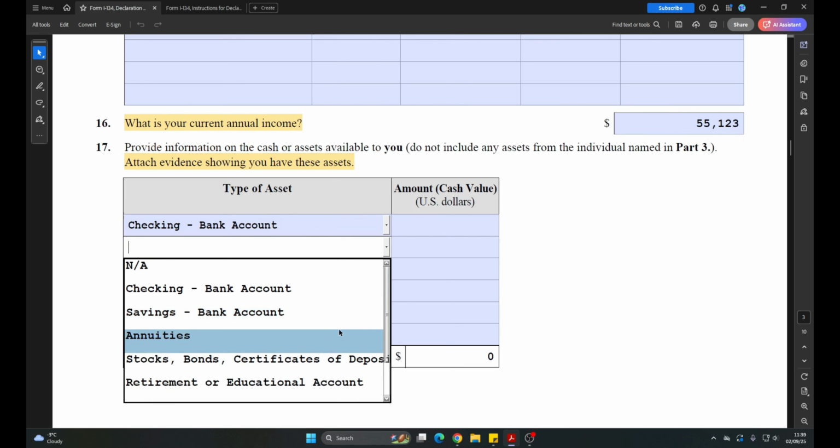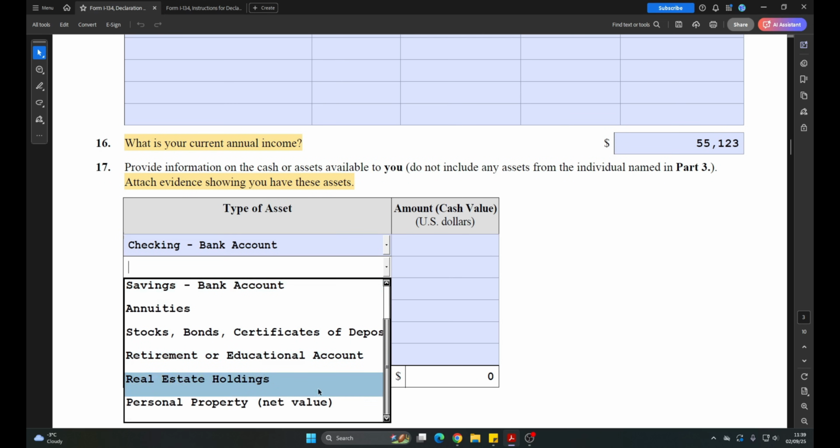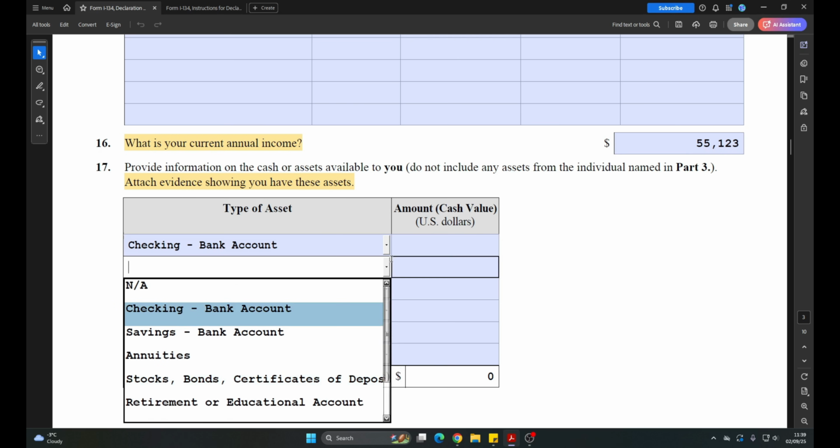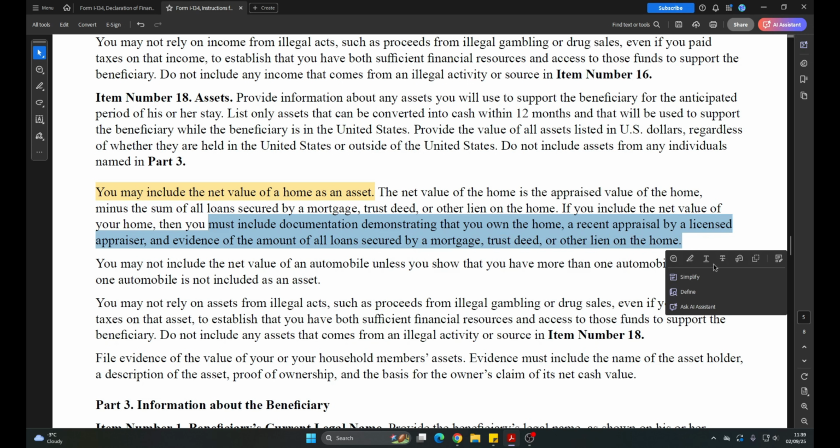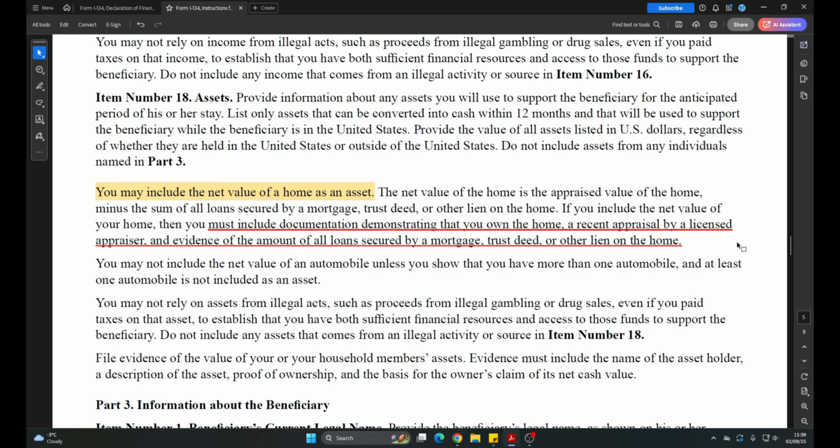Most people choose not to include things like real estate or other personal property, because if you look at the form instructions, if you are including things like real estate, you must include documentation of ownership, a recent appraisal, and the amount of all loans secured by a mortgage. So you would need to provide your mortgage statements.